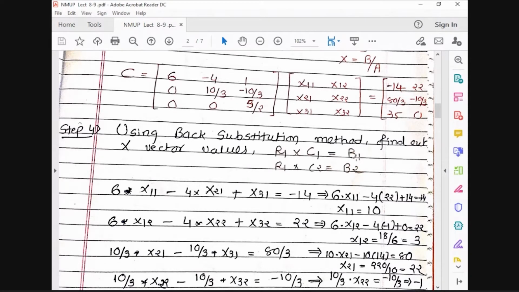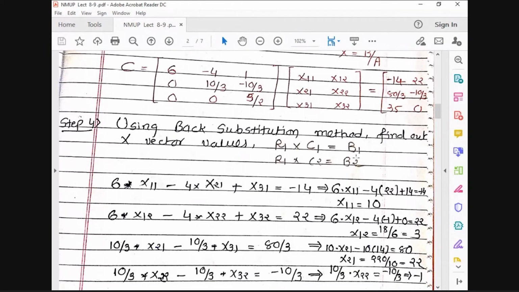Now you have to follow simple substitution. If any of these values, x21, x31, is available with you, then substitute it and just calculate the value of x11. Same way, second row and the first column: 0 multiplied with x11, which is equal to 0, 10 by 3 multiplied with x21, then minus 10 by 3 into x31, and which is equal to 18 by 3.